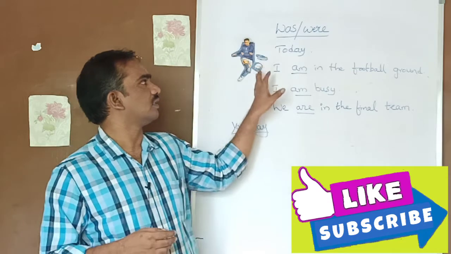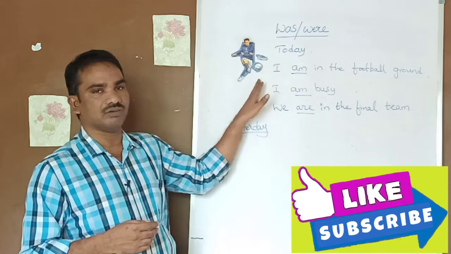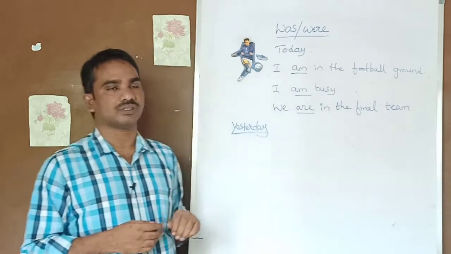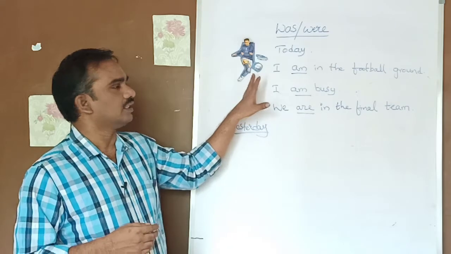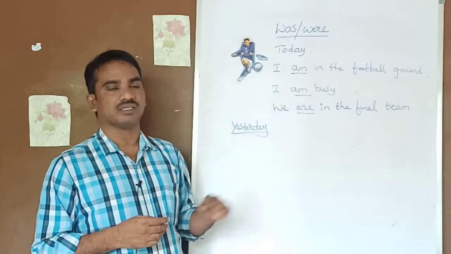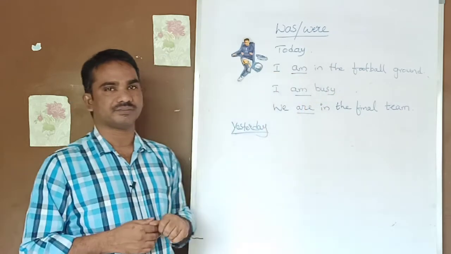Let's look at what a soccer player, Roberto Baggio, is talking about himself. You see, he's saying something about where he is. Look here. I am in the football ground.